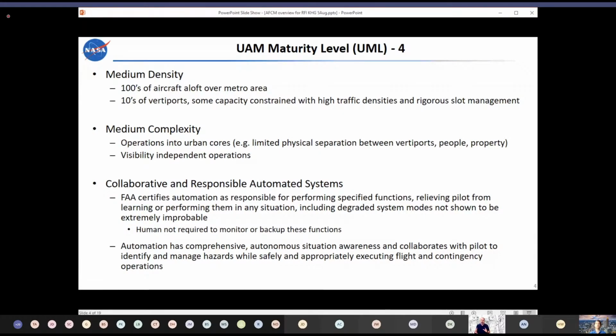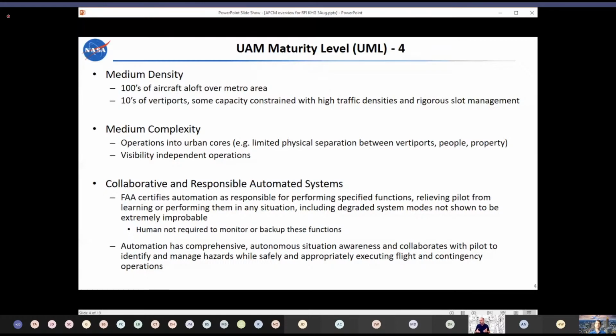Thinking in terms of an urban area, there's probably on the order of tens of vertiports. Some of those, in the very high demand locations at the commercial airport in that urban area, there's probably going to need to be some sort of rigorous slot management.